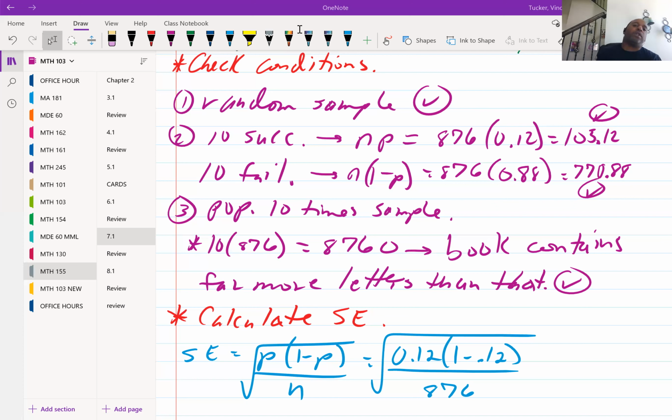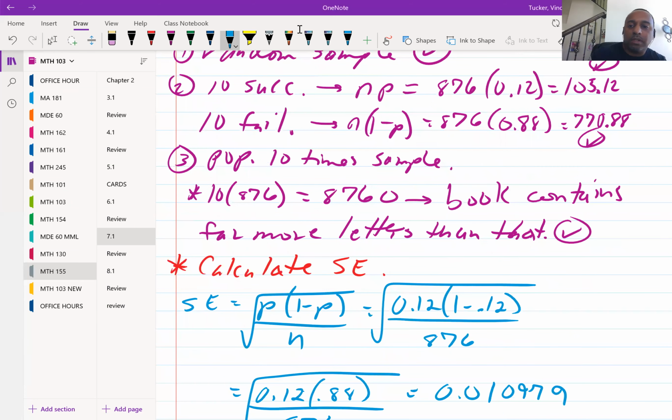So now that we've checked our conditions and we meet the conditions for all three, we can go ahead and move forward in the problem and calculate our standard error. So that's the square root of p times 1 minus p over n.